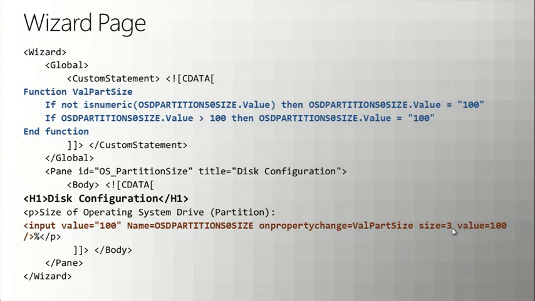The maximum size is 3 characters because 100%, and the value is, again, why do I have value twice? Okay, that's a bug. The on-property change event will kick off this function at the top here, which just does some simple processing. Is the value numeric rather than writing in cat, for example? If they write in some non-numeric value, just overwrite it and go back to 100. If it's greater than 100%, well, you can't do that. Just go back and rewrite it and go back to 100%.